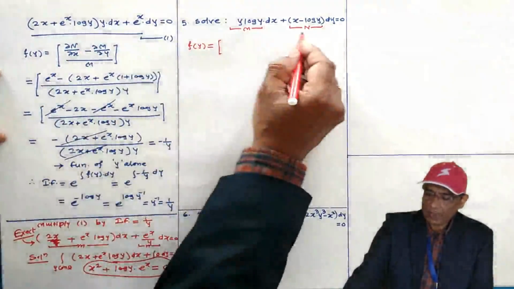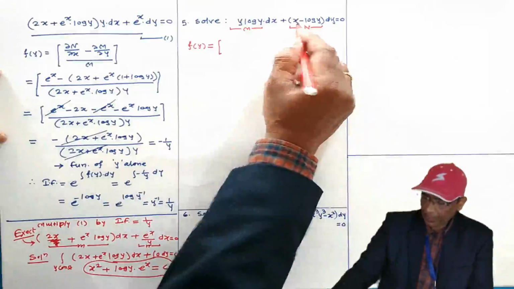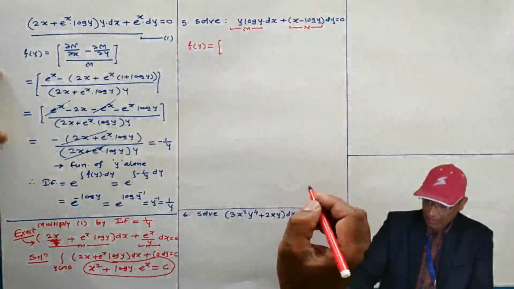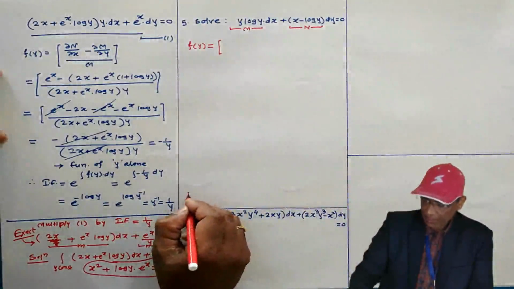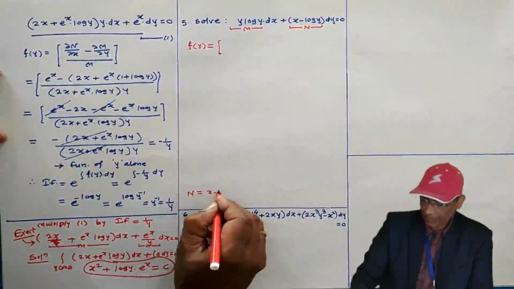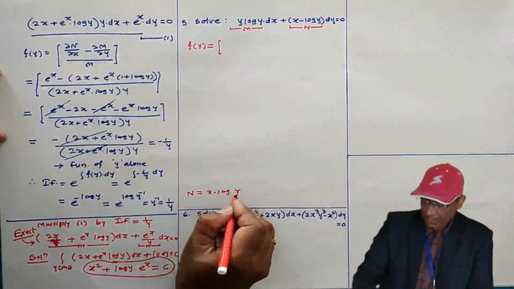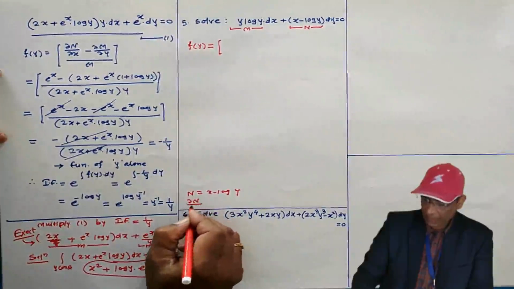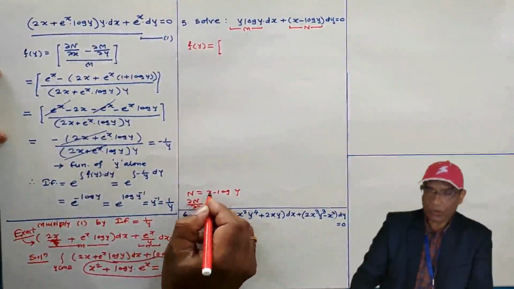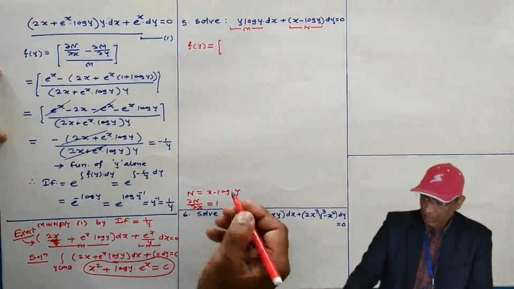Now fy is del n by del x. Here I am writing del n by del x of x minus log y. The derivative with respect to x is 1, and the derivative of log y is 0.